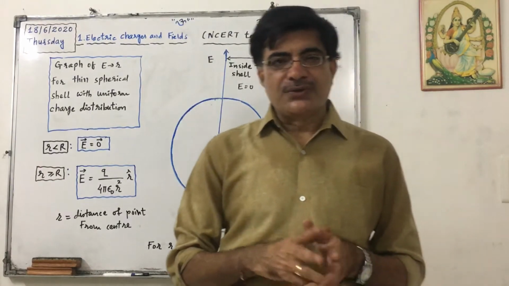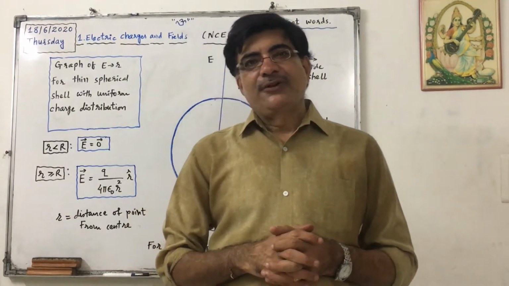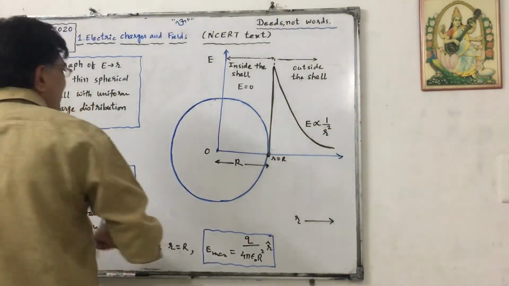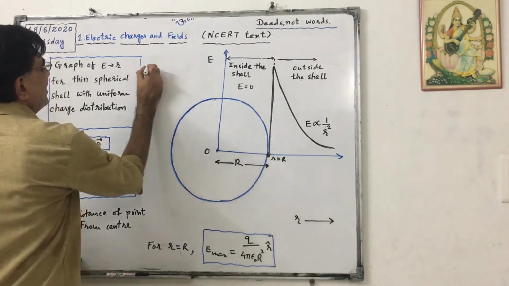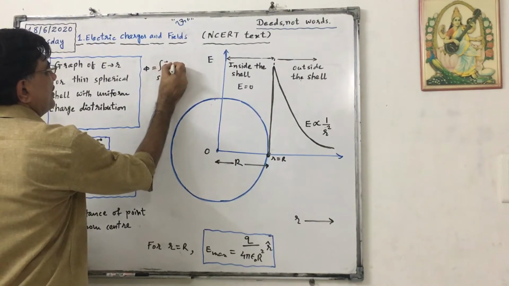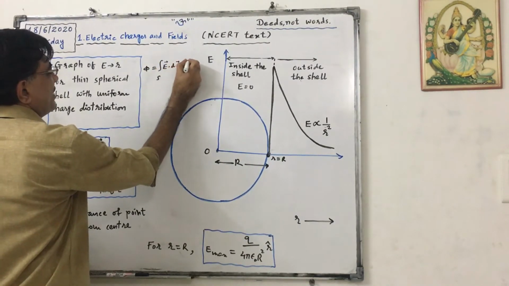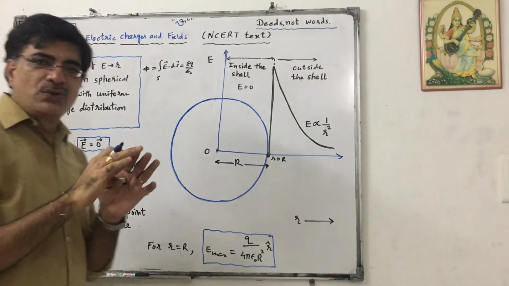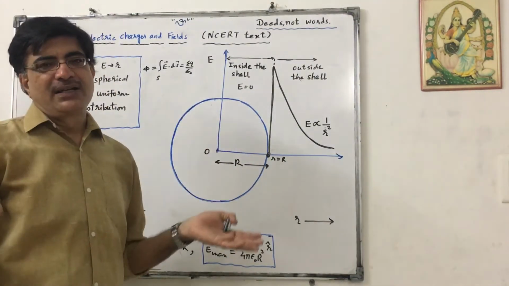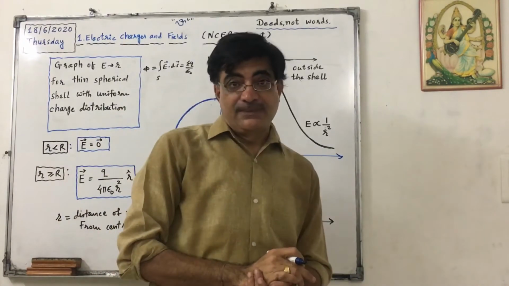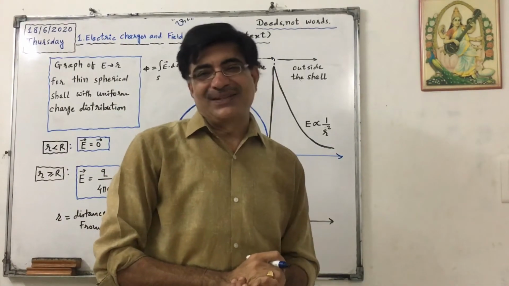Sometimes it is called Gaussian theorem, which states that the flux linked with a closed surface, that is the surface integration, equals sigma q upon epsilon naught. Sigma q is the enclosed charge by the closed surface, and that closed surface is called the Gaussian surface.